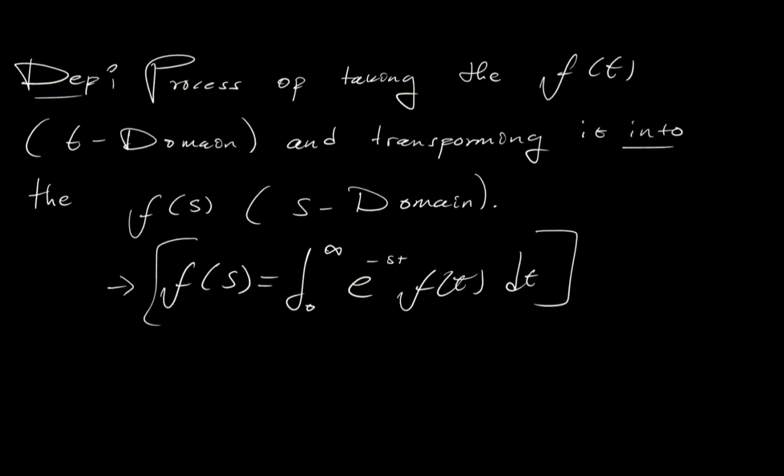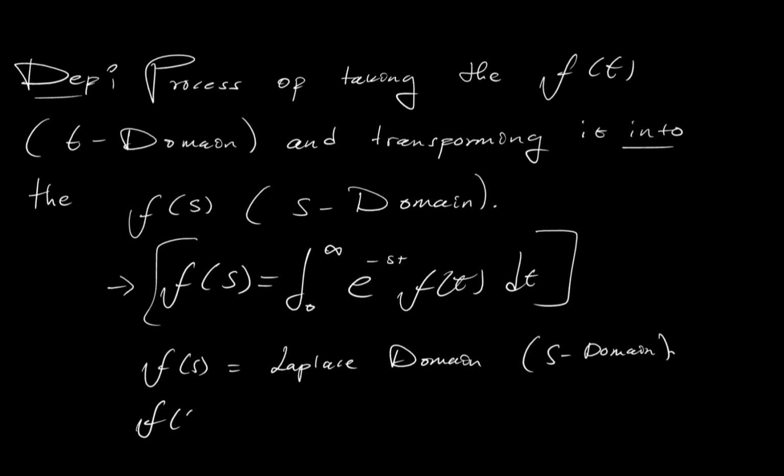In the definition, I want you to understand that F of s is the Laplace domain, which is basically the s domain. Then f of t is the function of t, which is the t domain.